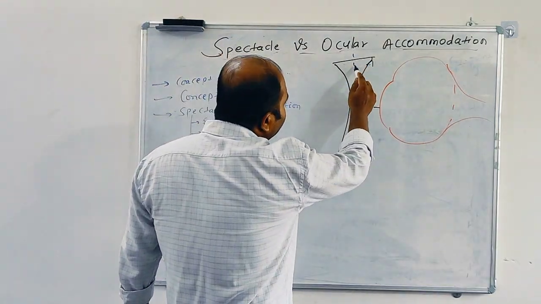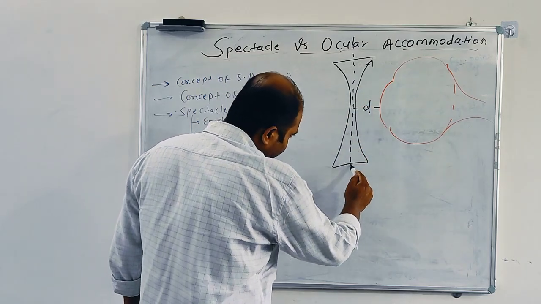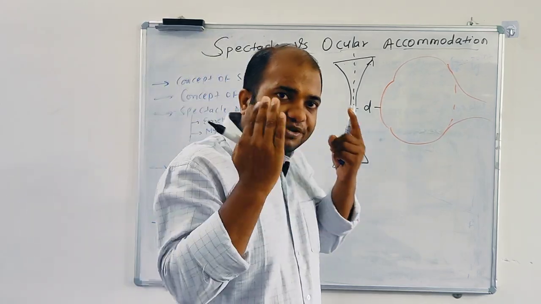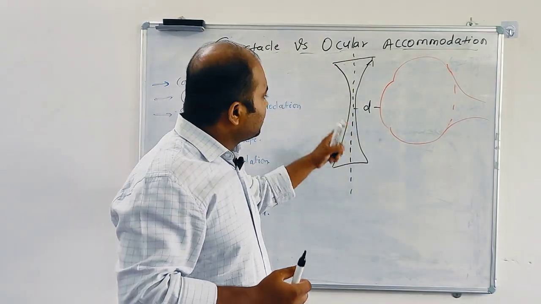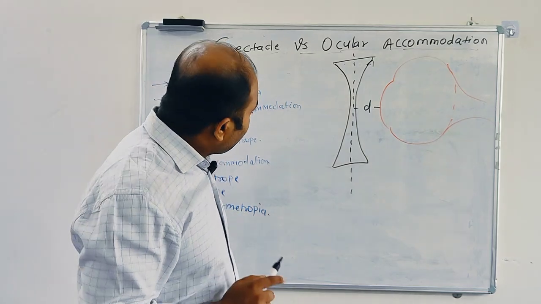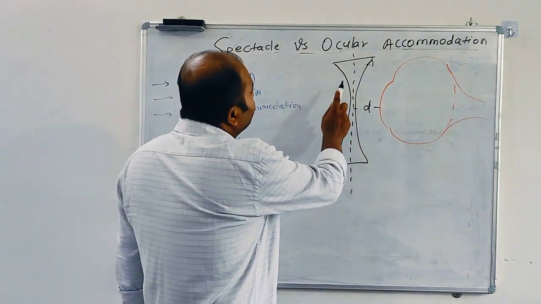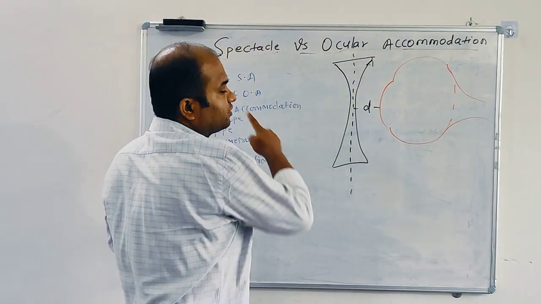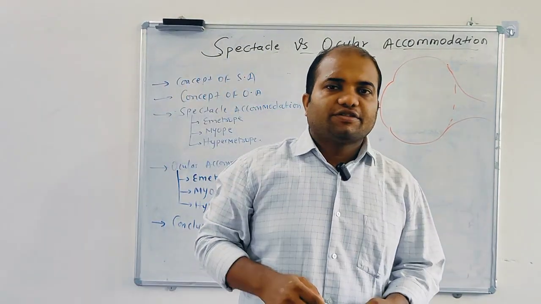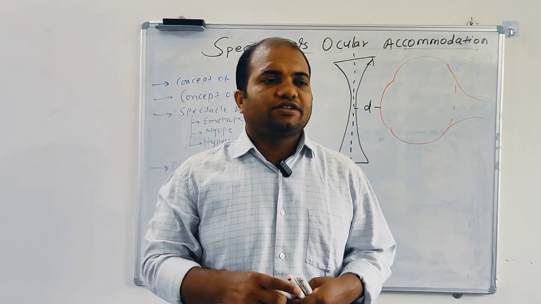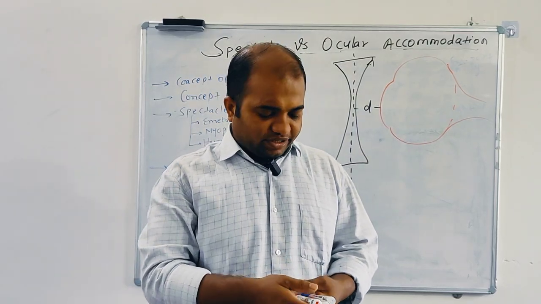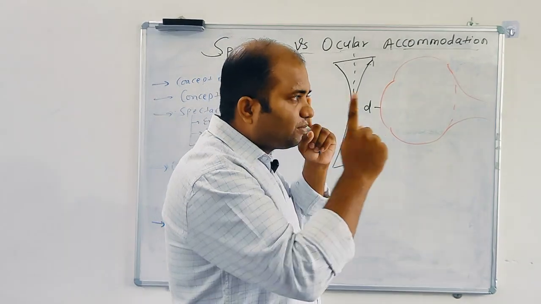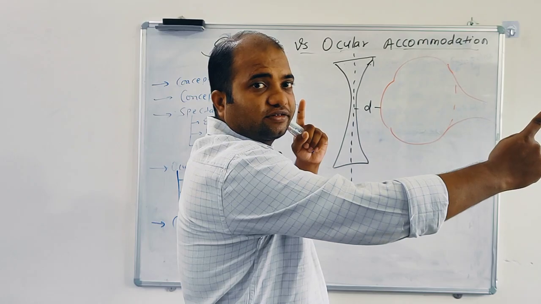So the plane at which this glass is placed or held or kept is known as the spectacle plane. And if you are measuring the distance, let's assume you are seeing a distant object, then if you are wearing glasses, the measurement should be taken from the spectacle plane to that distance, right?